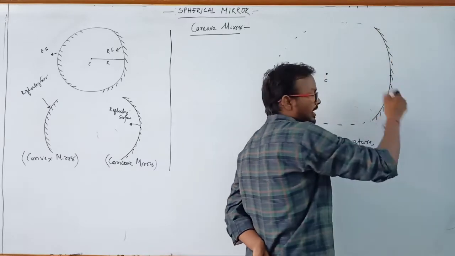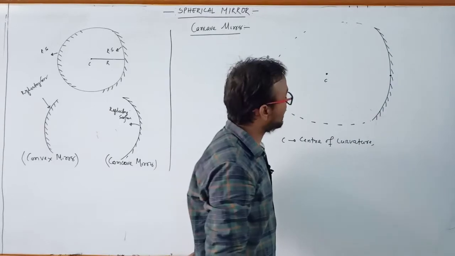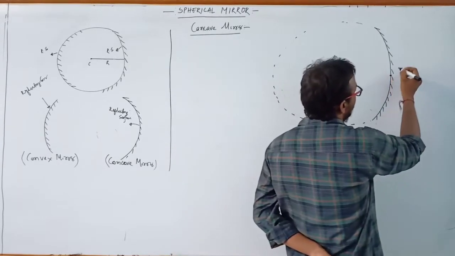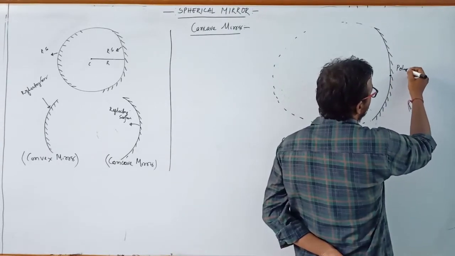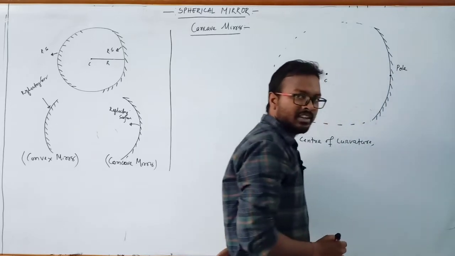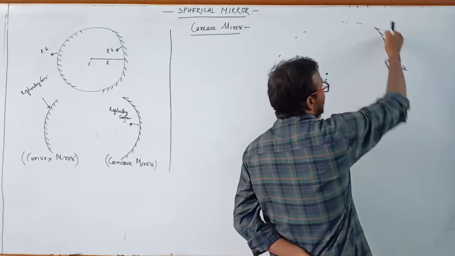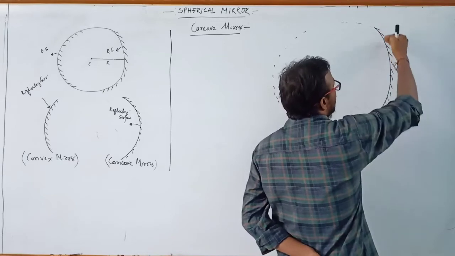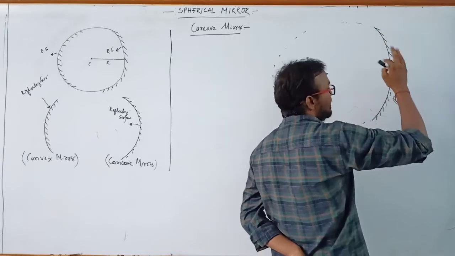Second part: the middle point of this spherical mirror is known as the pole. What is the pole? It is the middle point of the part of the sphere whose inner or outer surface is reflecting.